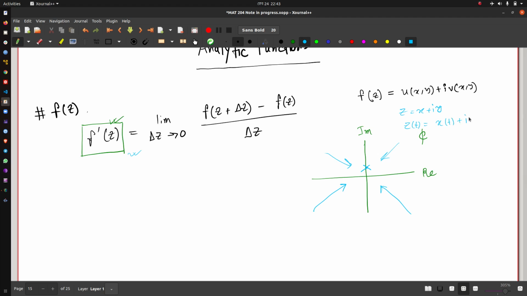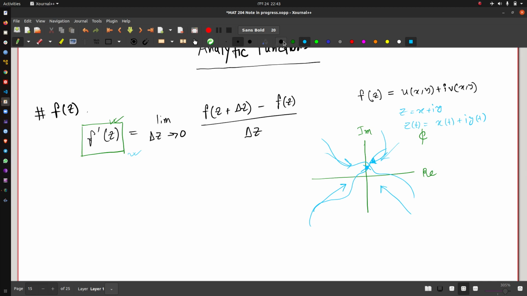So no matter which curve you take, in which way you go, if you approach this point of interest, you will always get the same value. That was the intuition behind this derivative existing.